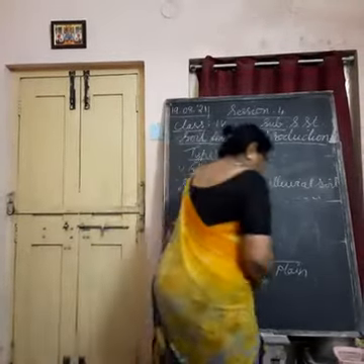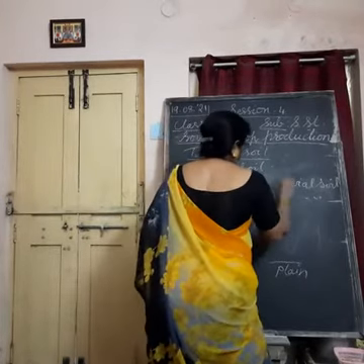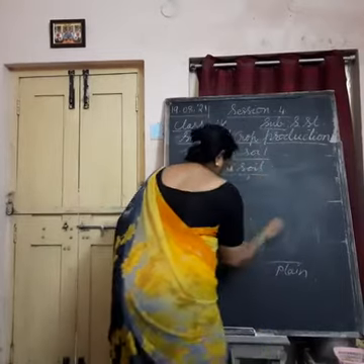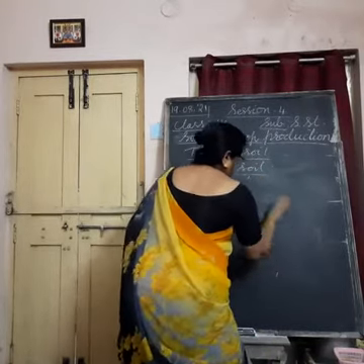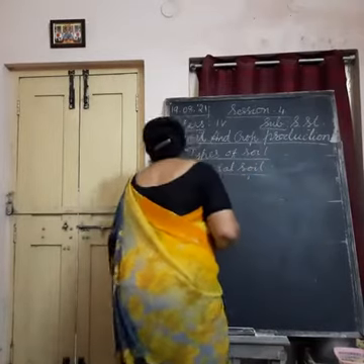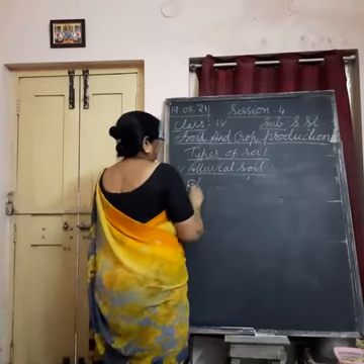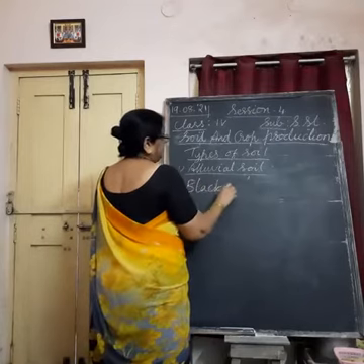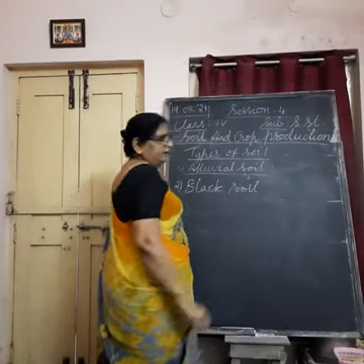Next, coming to black soil. Second is black soil. This black soil is found in the central part of India.